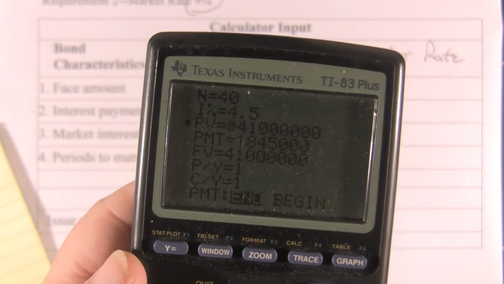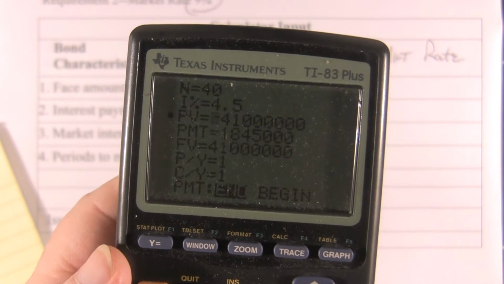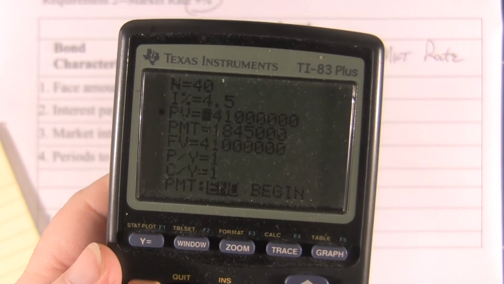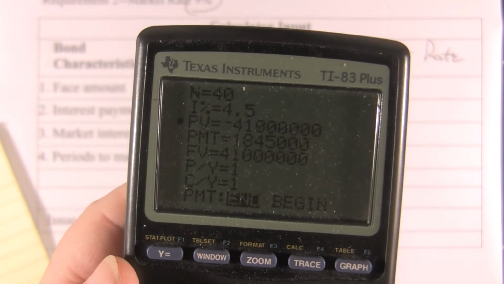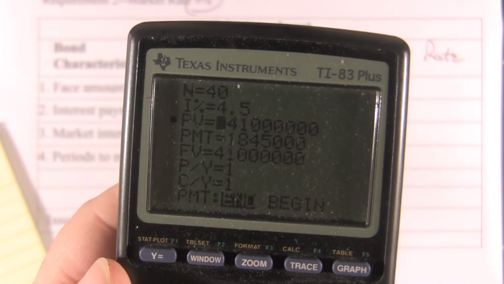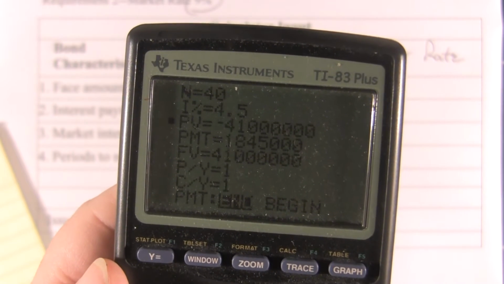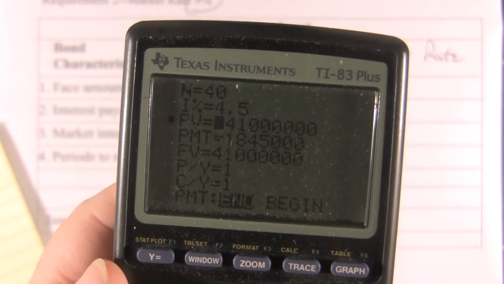So a bond selling at market rate, if the market rate matches the interest rate on the bond, will sell exactly for par. Now you'll notice that the present value is a negative number. That sometimes confuses people. It's a negative number because that's what you have to pay at the beginning to get all of that at the end.